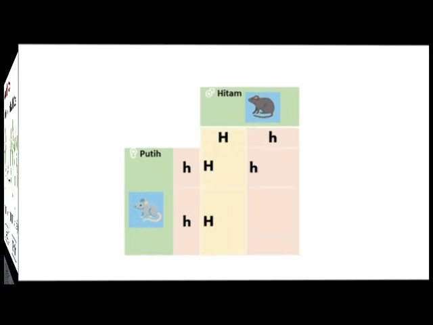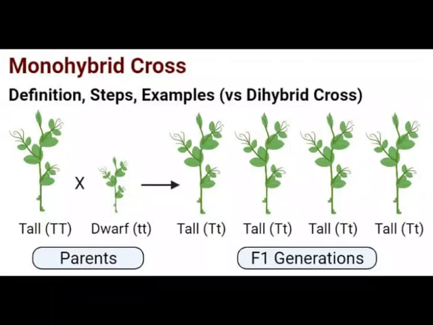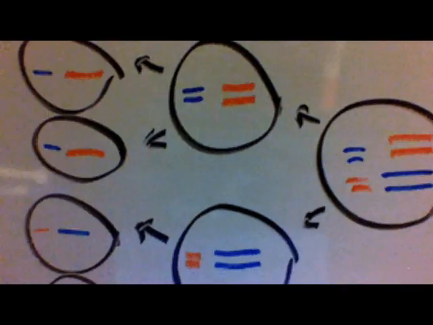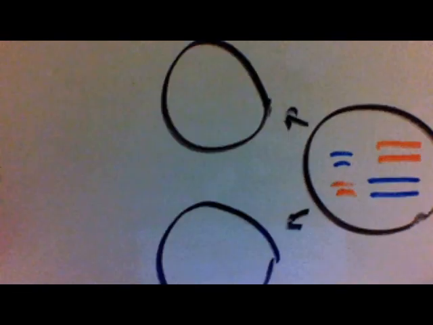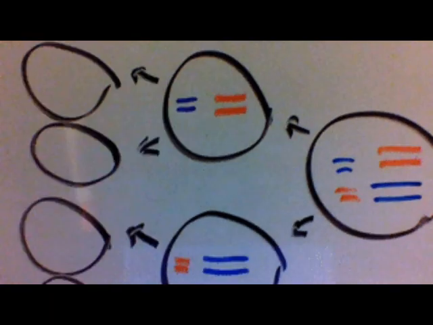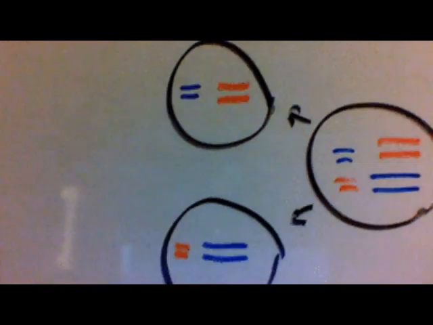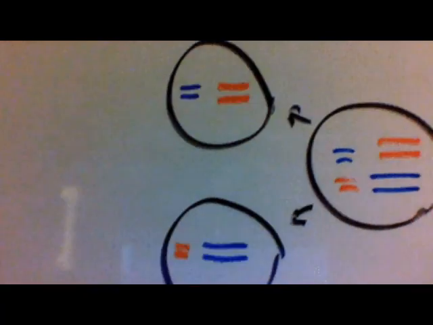Fourth, when F1 offspring were allowed to be self-pollinated, both the parental traits were expressed in definite proportion in F2 generation. The last interpretation he made was, from the F2 generation of a dihybrid cross, Mendel postulated that inheritance of factors controlling a particular trait in an organism is independent of the other.